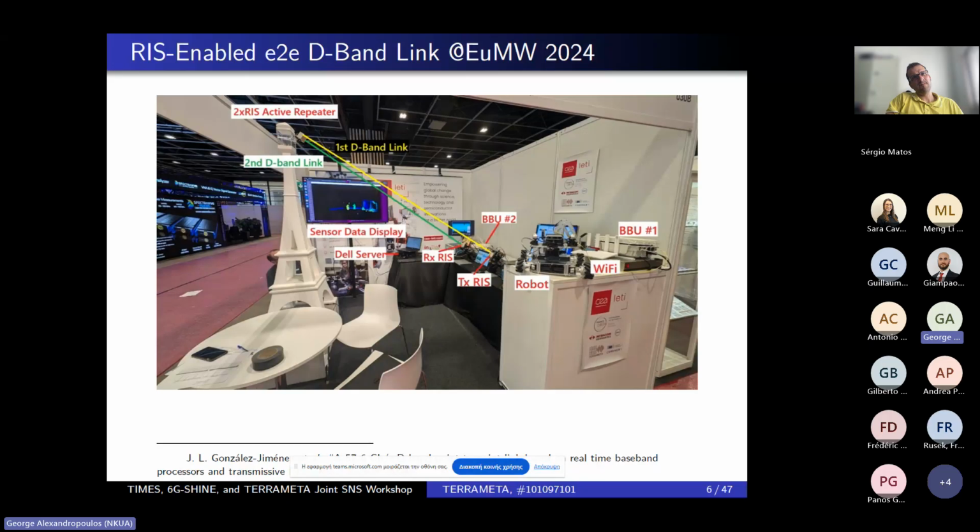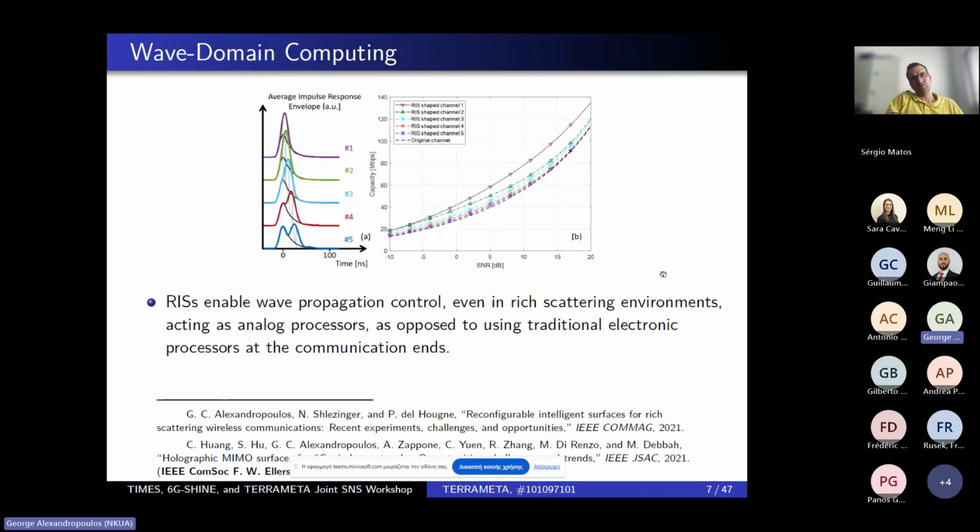This was presented in European Microwave Week in 2024, with this high bandwidth, 57.6 gigabits per second D-band link, by using both a fabricated reflecting RIS and the transmissive RIS that Antonio presented before, used both at the transmitter and the receiver side.